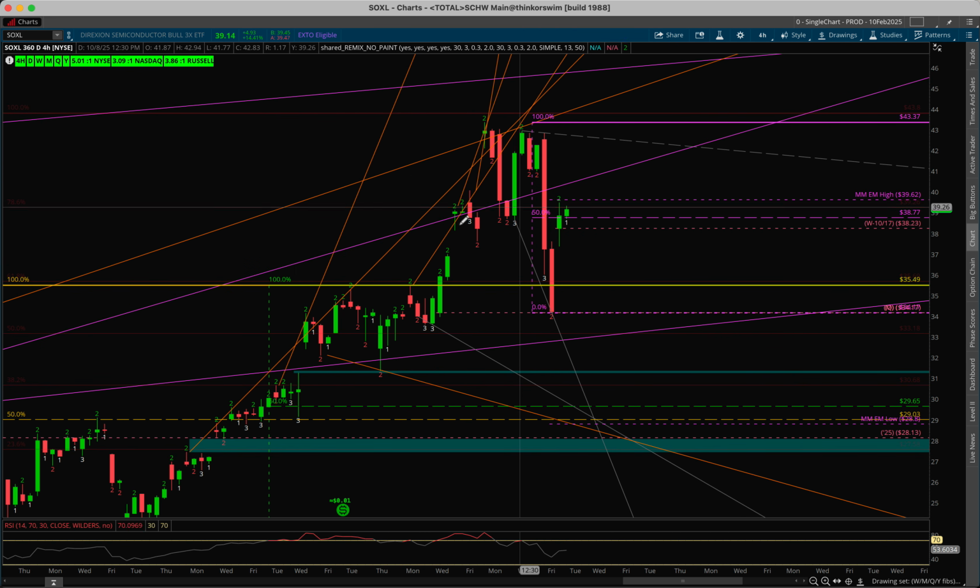We are as well running into this weekly broadening formation, this purple line, and the daily broadening formations that are all converging around this level as well. Again, we don't put a lot of weight into trend lines, but there is a slight downtrend here on the 4-hour. We did have a lower high and lower high. This is more of a soft lower high because it's that 3-1 candle, bullish engulfing candle, bearish engulfing candle.